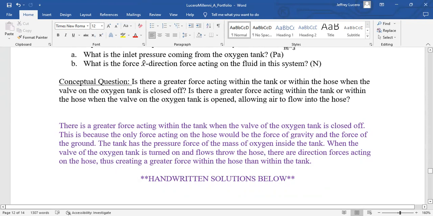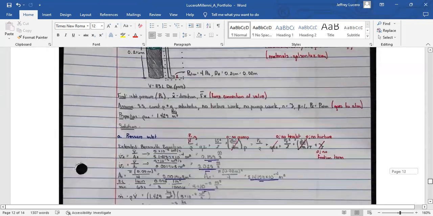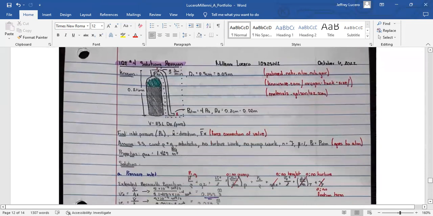So for the calculation question, I created my knowns, the same knowns that I've been using from IQE 1 to IQE 4. So we know that the volumetric flow rate coming into the hose is 3 liters per minute. The diameter is 0.5 centimeters, which equals 0.005 meters.